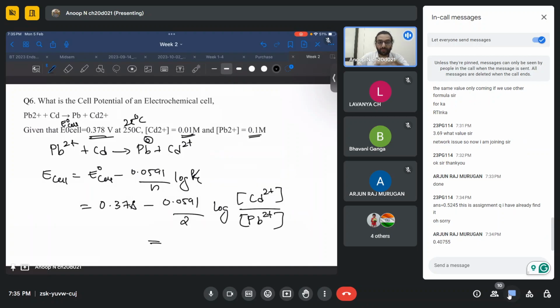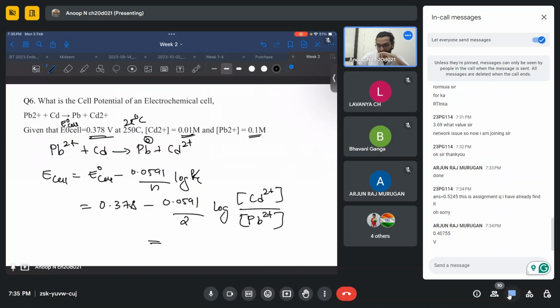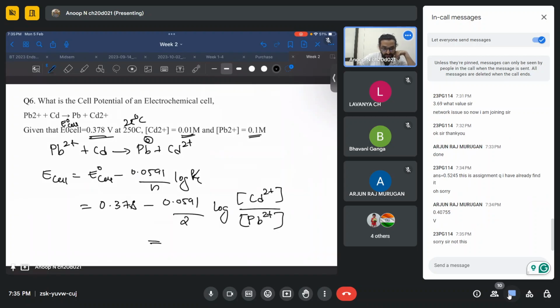Is it an assignment question for this time? I don't know. But 23PG114, that user, please check the signs. I think you have missed something, maybe the n value. There may be similarity to the assignment question, but there will be differences.